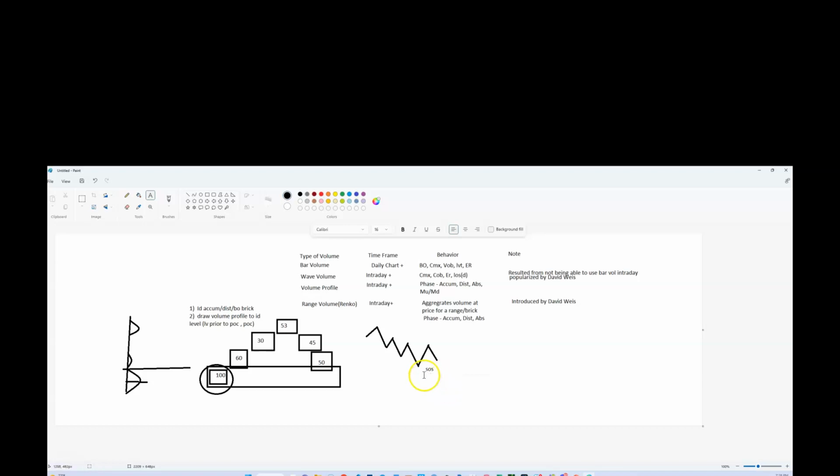All right. I'm using wave volume to identify, let's just put some numbers here. It says 50,000, I don't know, 500 contracts. So this one would be like, let's say 40. And let's say this is 70, so 60. And then this is 100.